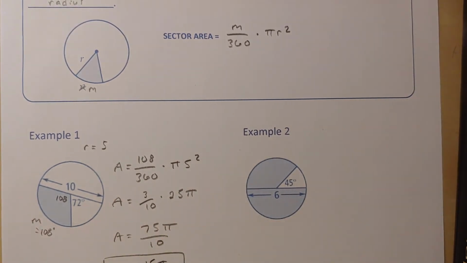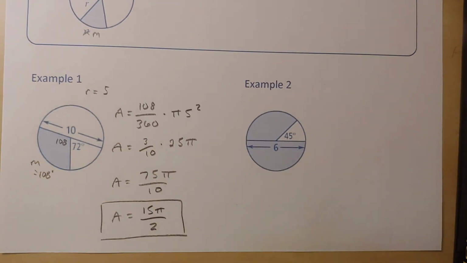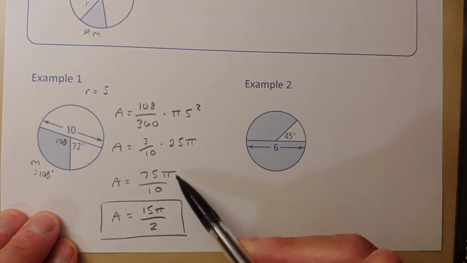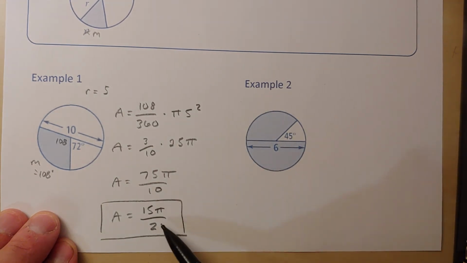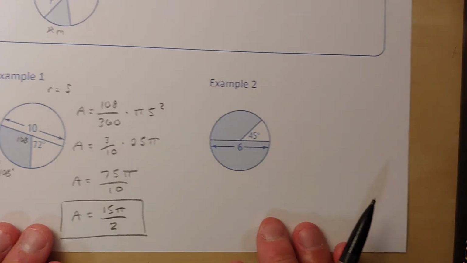And there is the area of the shaded region, the shaded sector. Notice I'm leaving my answer in simplified form in terms of pi. I'm leaving pi in my answer. That's important here.